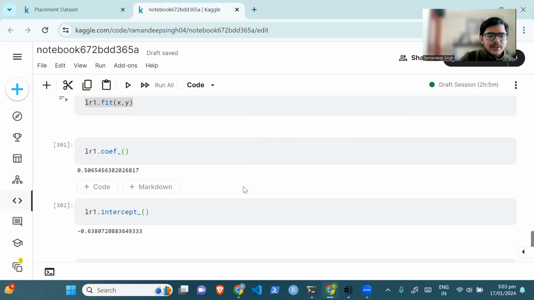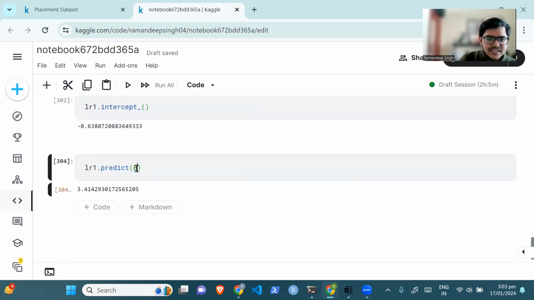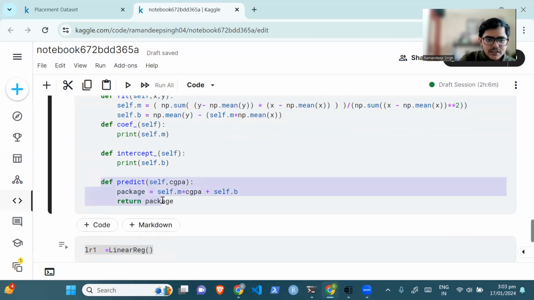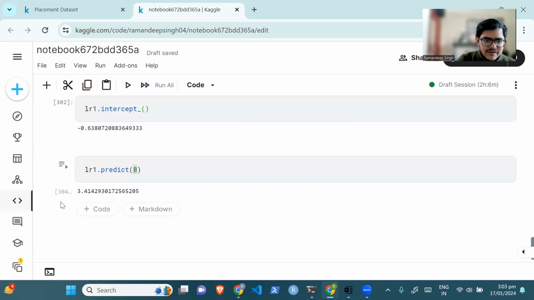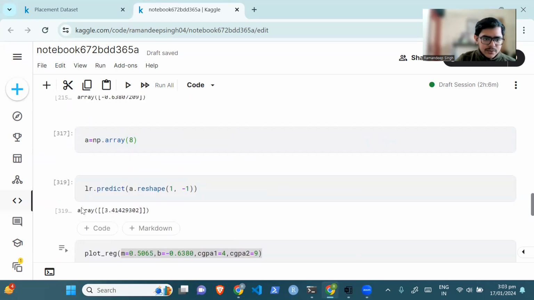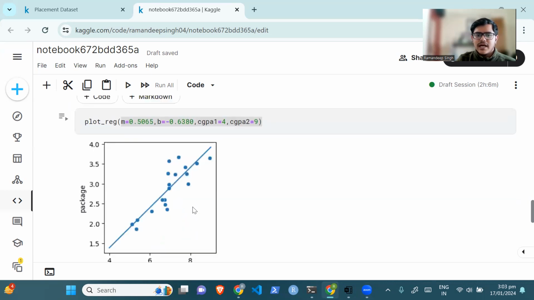And to predict the value, I have taken CGPA as 8. This is my prediction function, and when I give it a CGPA, it will predict the package I could expect to get. And this is the same value which I am getting from scikit-learn's linear regression algorithm, 3.41 lakhs per annum.